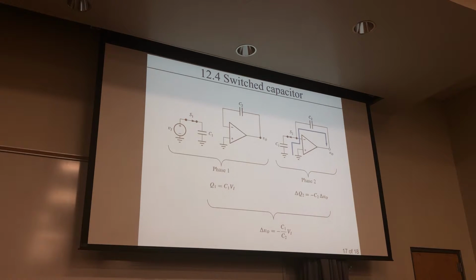you could think of it as the voltage at some value. These are like this period of time right here.